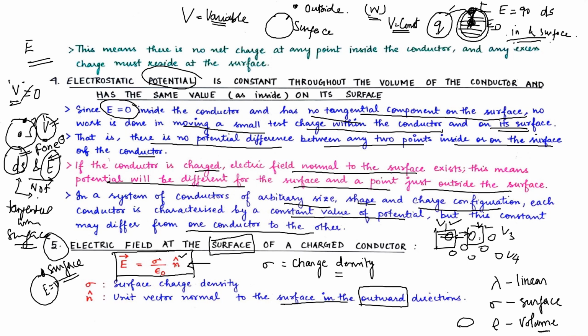For a given particular volume we define rho. So here we are talking about sigma. It is the charge density for a given surface, the surface charge density. Epsilon naught is a constant.